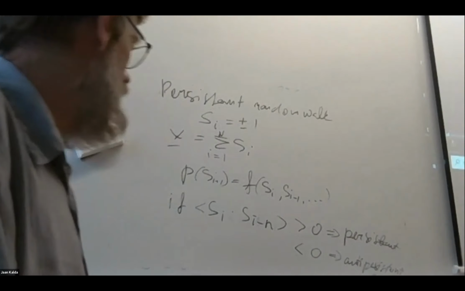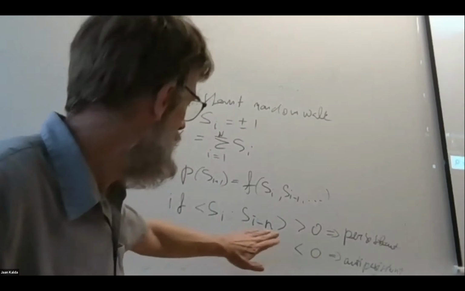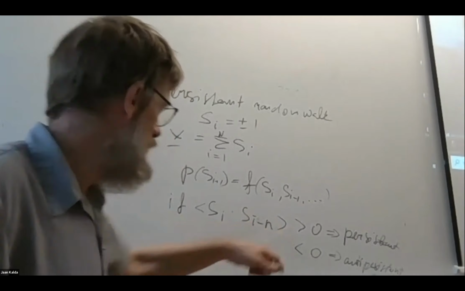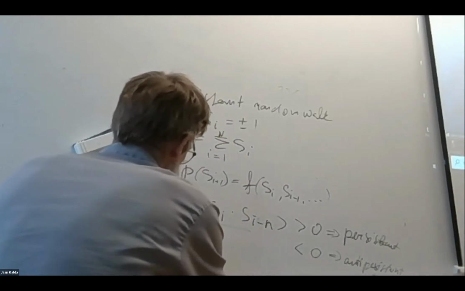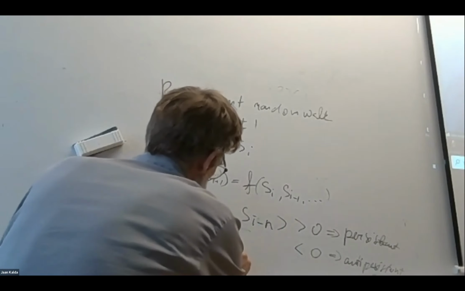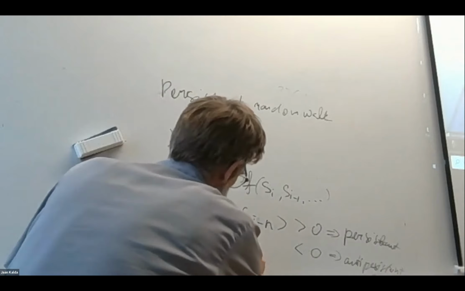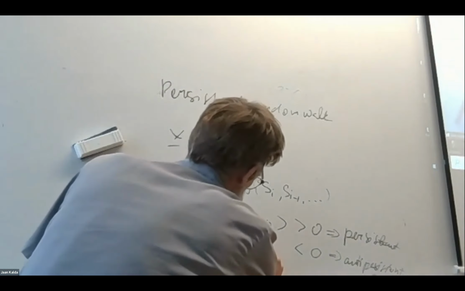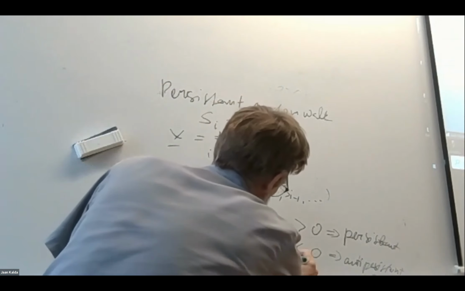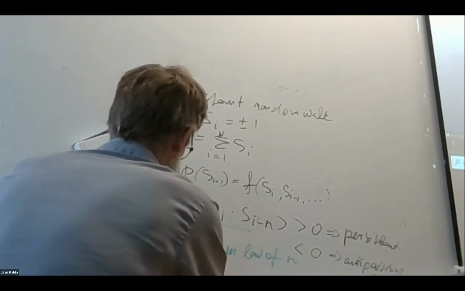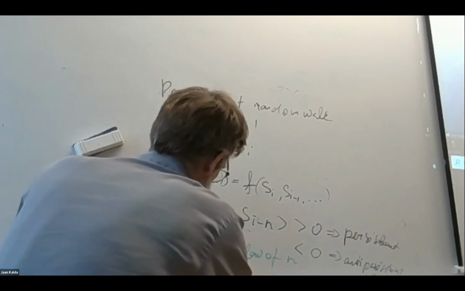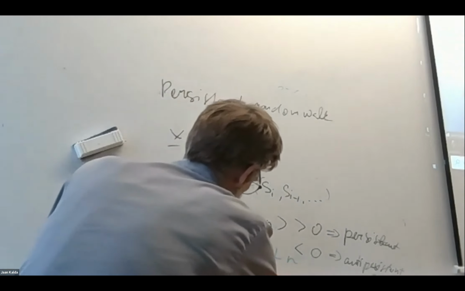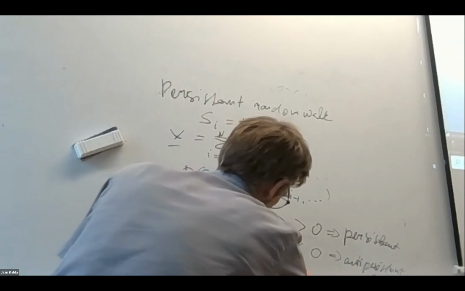So if this autocorrelation function is a power law of n, then we have fractional Brownian motion.